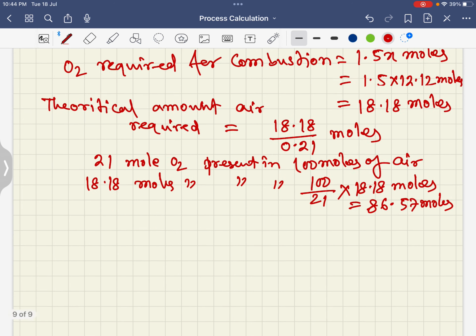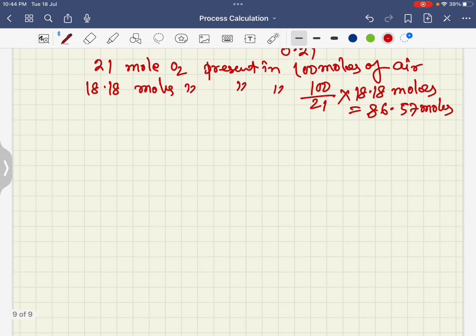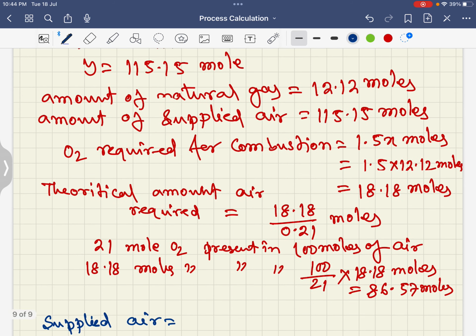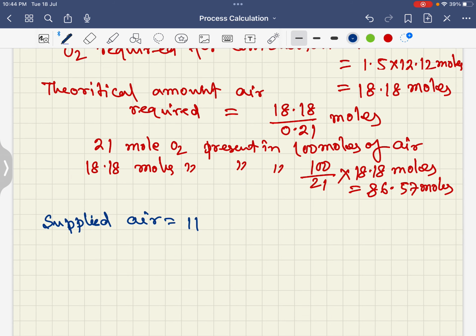Okay. Now here we can write supplied air is 115.15 moles.